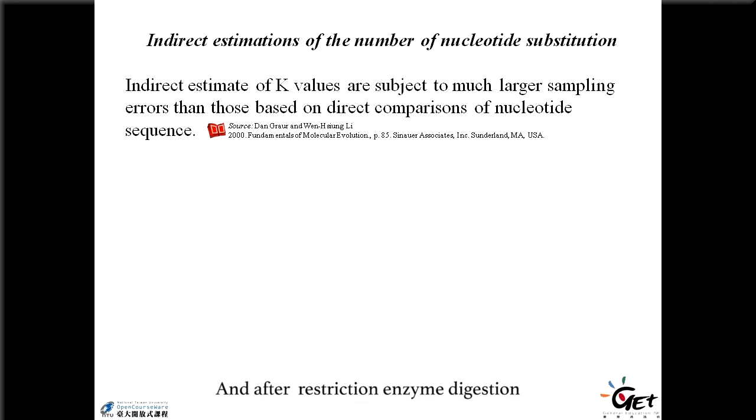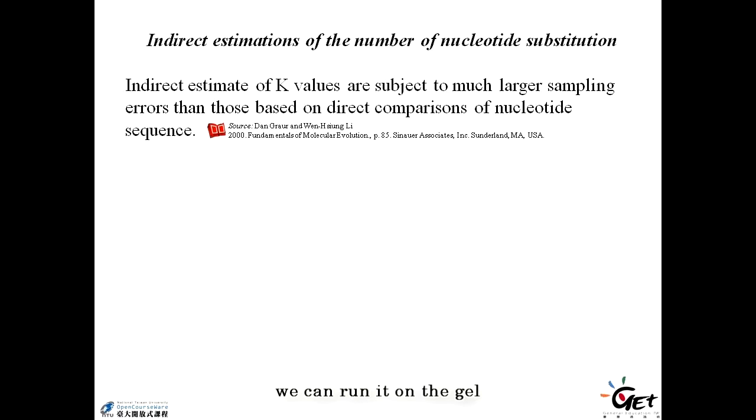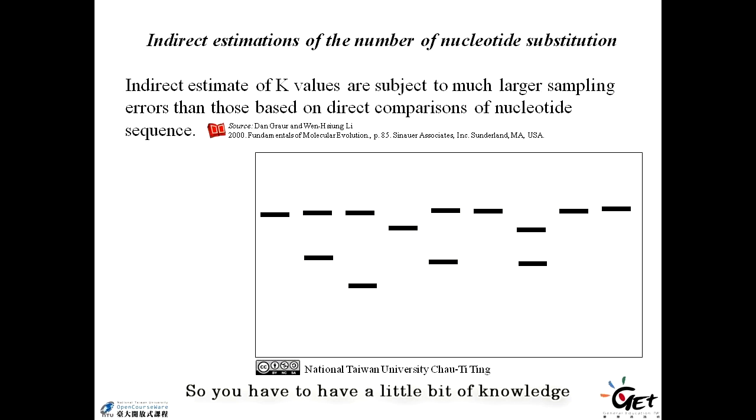Then after retrieving and digestion, we can run it on the gel and look at the fragment differences. Then we have to know how we can indirectly estimate the substitution rate. So you have to know a little bit about how the pattern is different from one to the other.